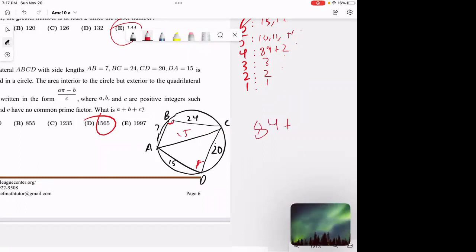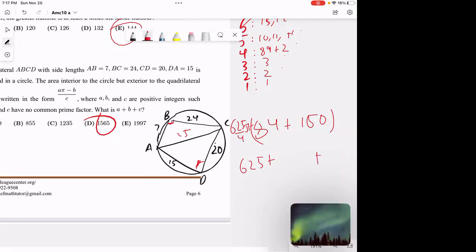4 plus 150. And we're subtracting this from the area of the whole thing, which is going to be 25 over 2 squared. So 625 over 4 pi minus this. So we have a pi, so 625 plus 84 plus 150 times 4, which is, let's see, 234 times 4, because we're solving for a plus b plus c, right?